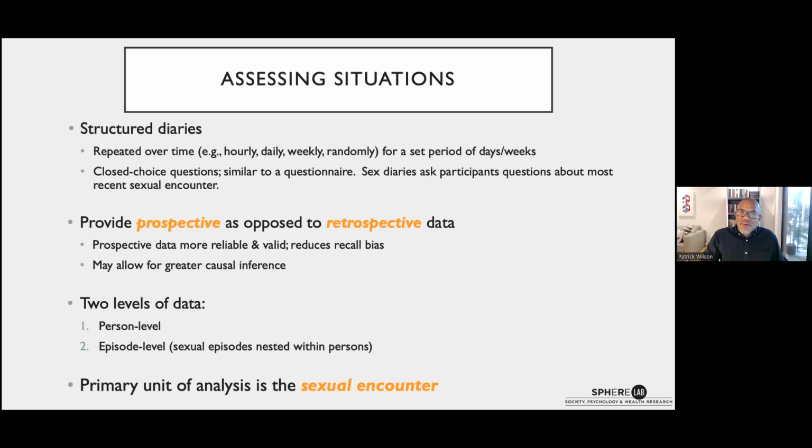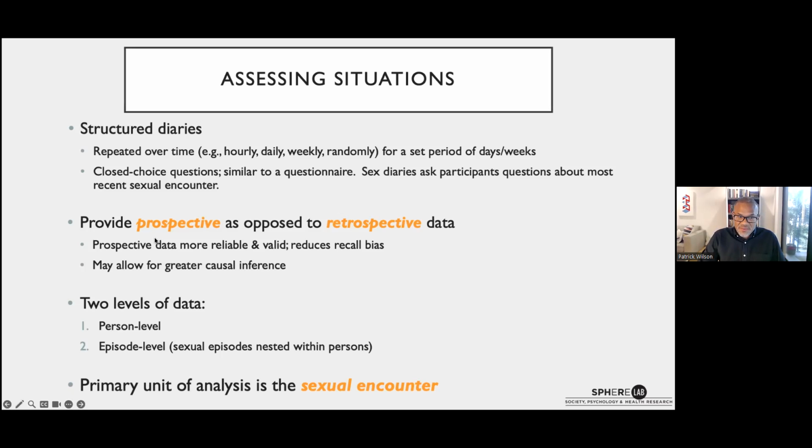And I find this data to be so rich because it does provide us prospective as opposed to retrospective data, and that prospective data is much less likely to be subject to recall bias and other forms of biases, though it certainly introduces its own set of biases like reactive effects and so forth, which I'm happy to talk about more.